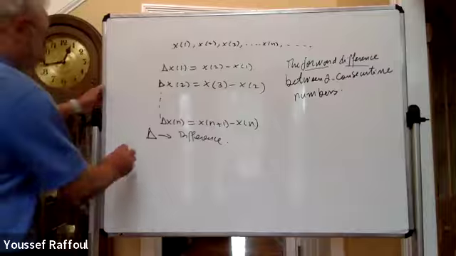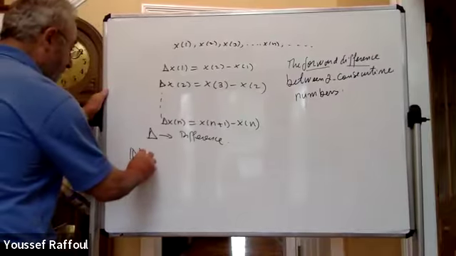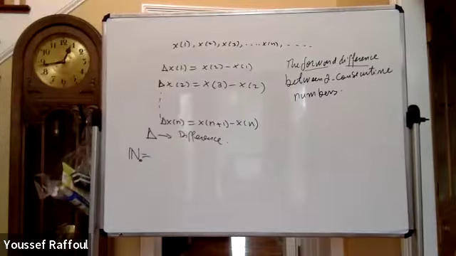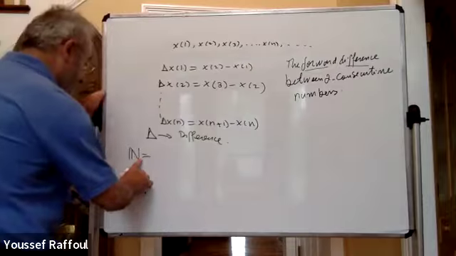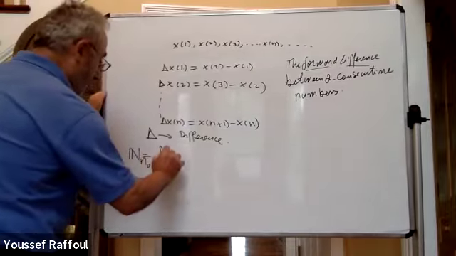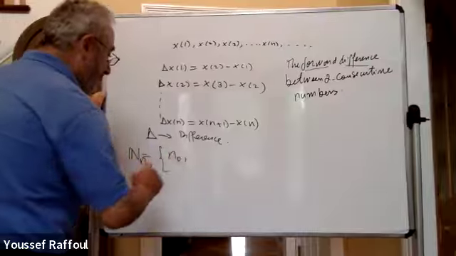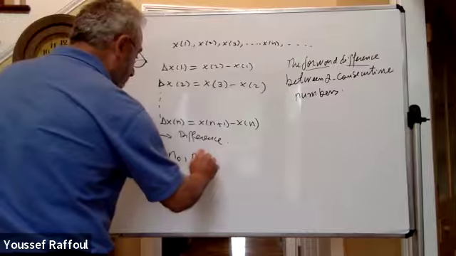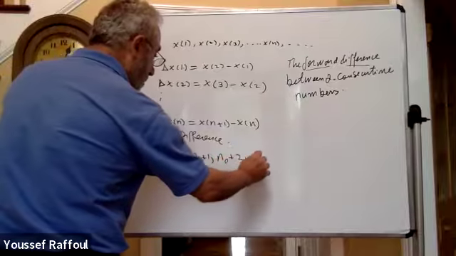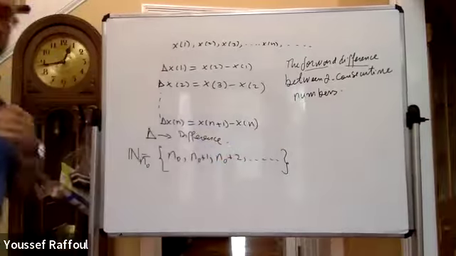For example, this set n0, or may I say N of n0, is the set of n0 and n0 plus 1 and n0 plus 2 and so forth.